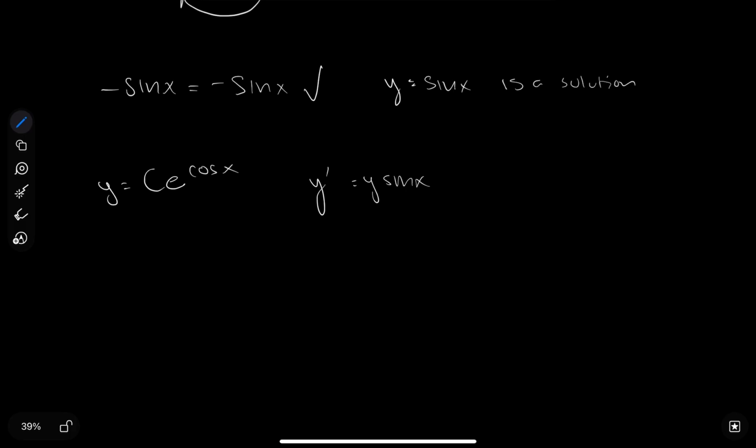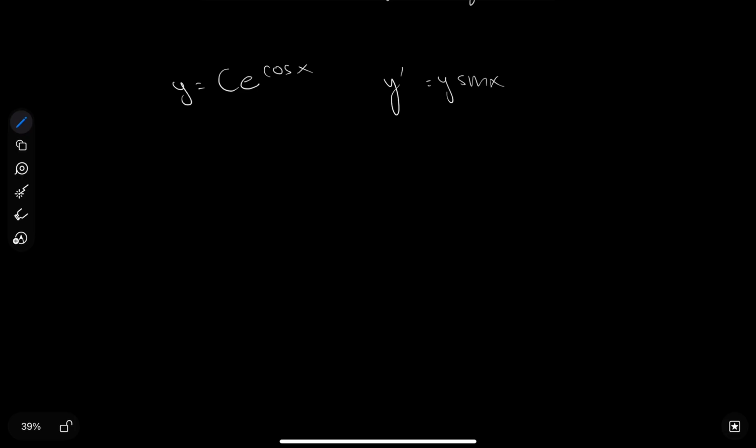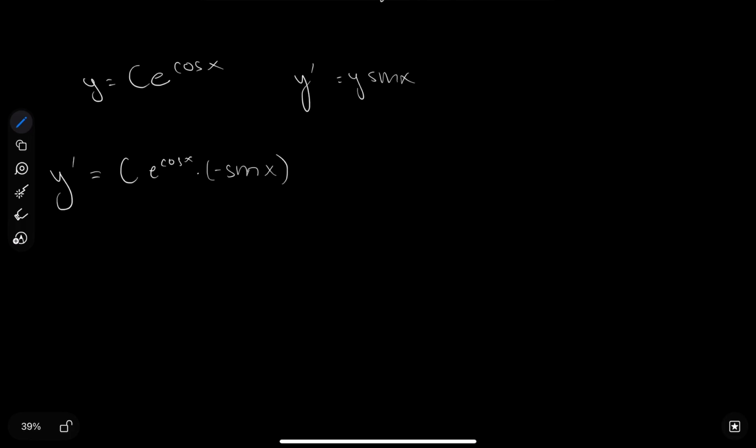Okay, I missed that step, and I'm like, that's not going to fit into the one up here. So taking the first derivative, chain rule, c e to the cosine x times the derivative of cosine x, which is negative sine x. Okay. Equals what? y times sine of x, which is c e to the cosine x sine x.